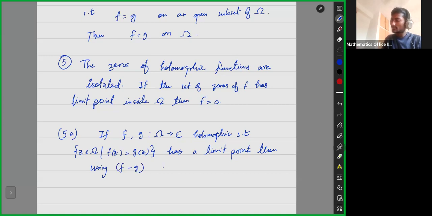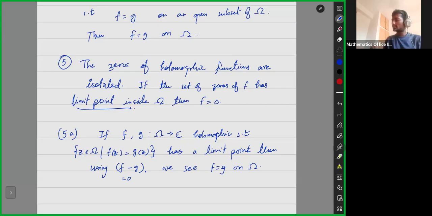We see f is equal to g on omega. Both functions coincide because this becomes 0 on a set where we have a limit point.